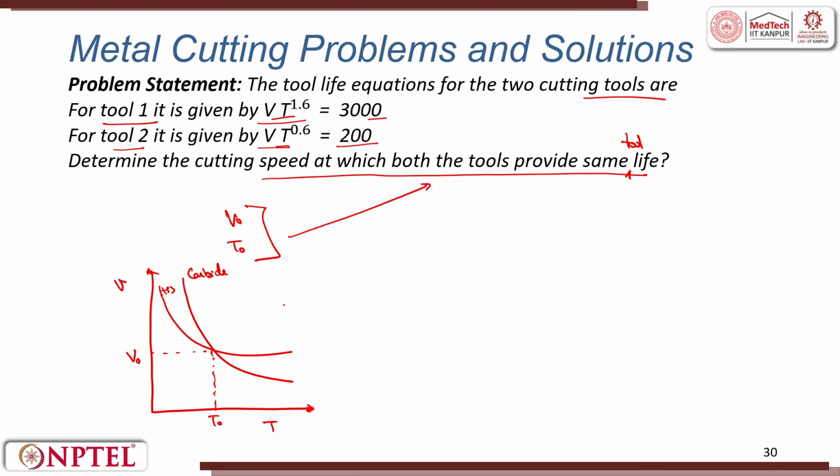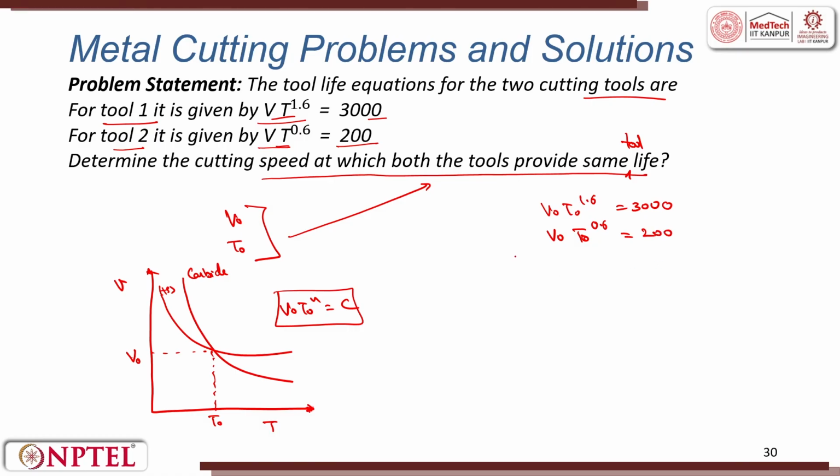So here V naught T naught power n is equal to constant. This we need to determine. For both the equations which are given, let me say V naught T naught power 1.6 is equal to 3000. This is the first equation. The second equation is V naught T naught power 0.6 is equal to 200.